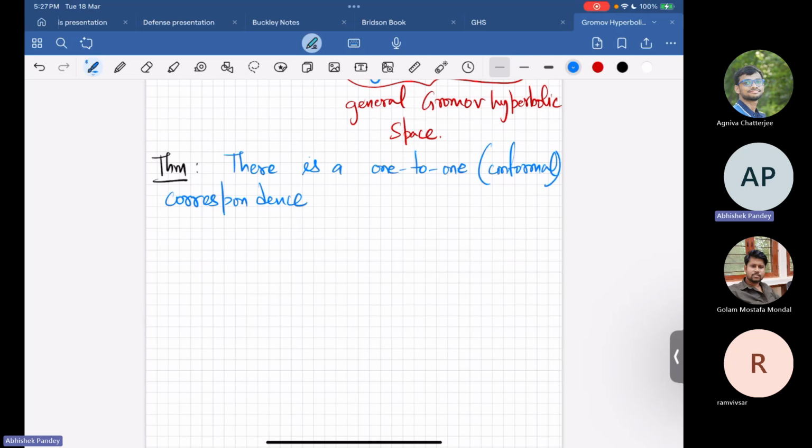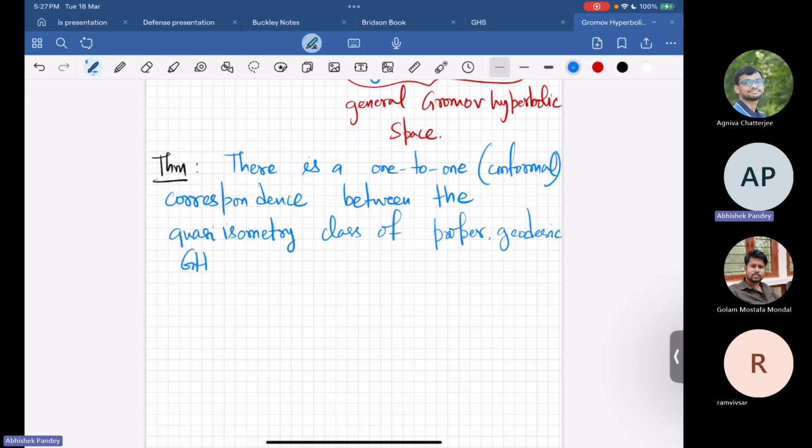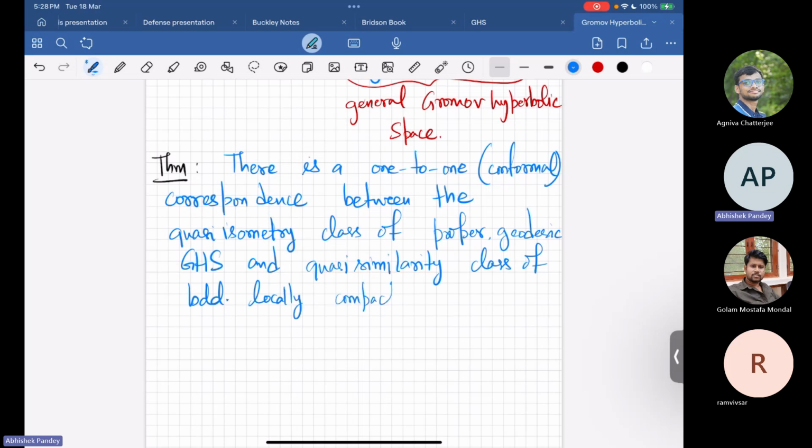Conformal correspondence between the quasi-isometry class of proper geodesic Gromov hyperbolic spaces and the quasi-similarity class of bounded locally compact uniform spaces.